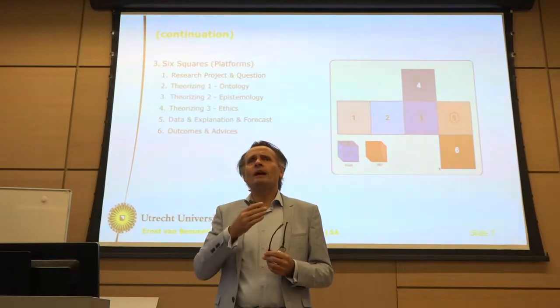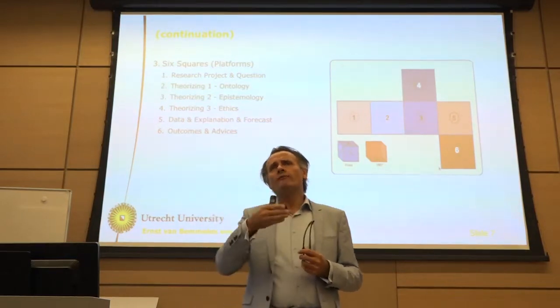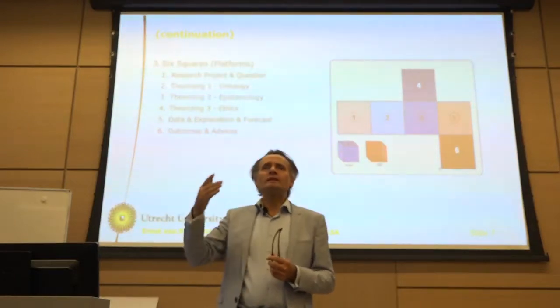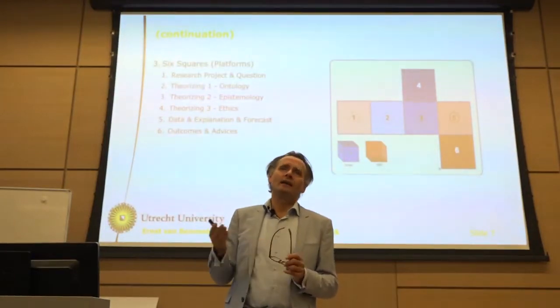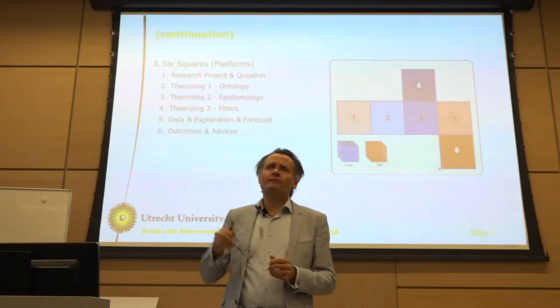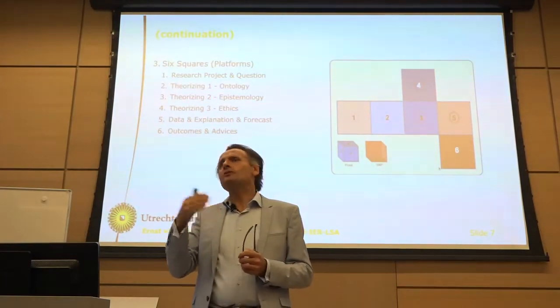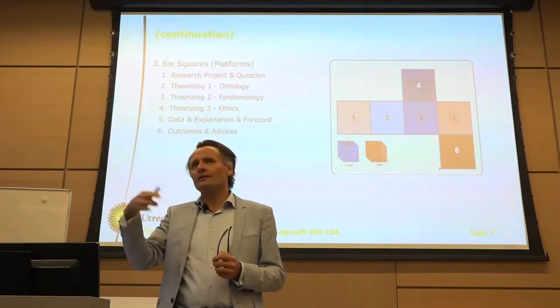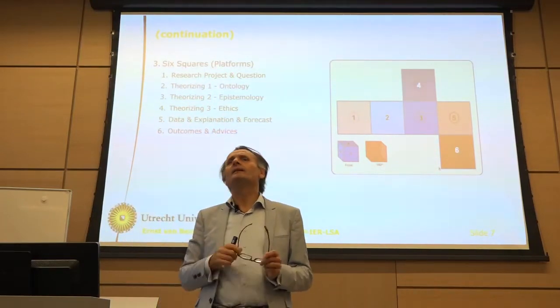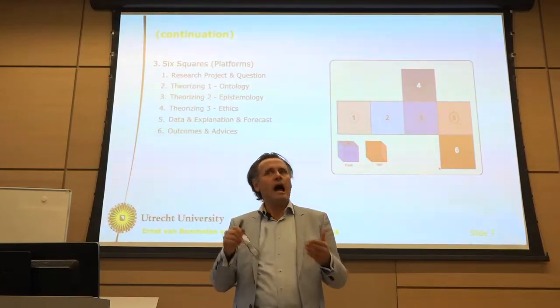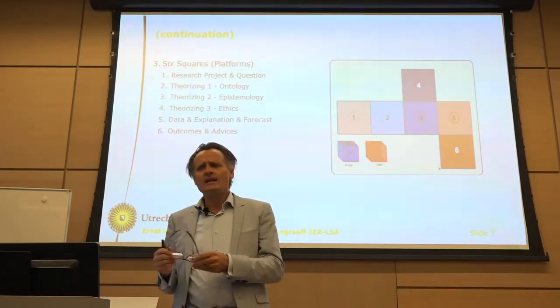And then we have the blue philosophical stages connected to ontology, epistemology, and ethics. And then the 5th one is sort of the actual execution of data collection, analysis, and argumentation. And then the last one is the research outcome and advice.